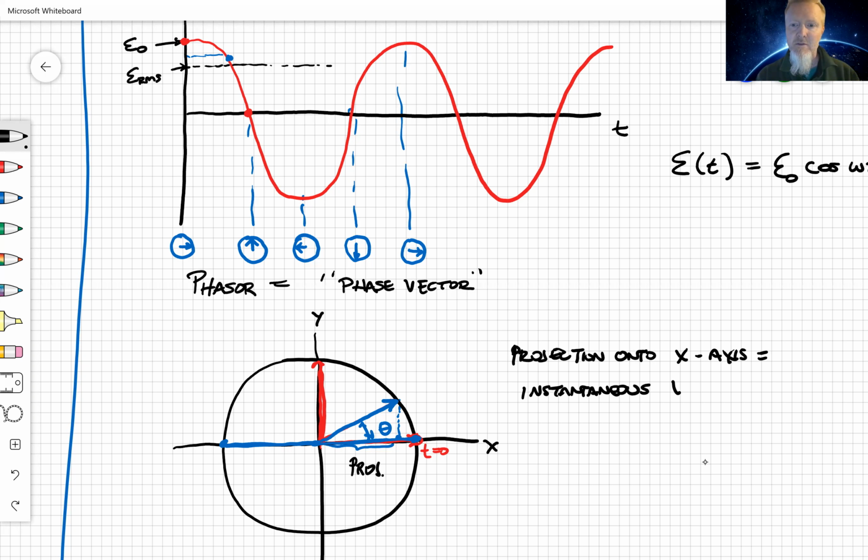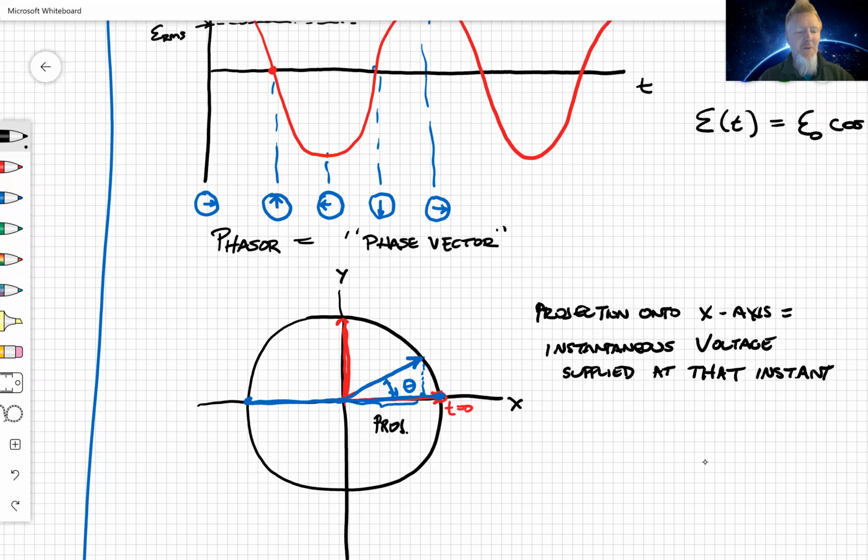In this case, I'm talking about a power supply, but it'll be true in general, whether it's a resistor, a capacitor, or an inductor. That projection is the instantaneous voltage across that element. It's instantaneous at that instant.